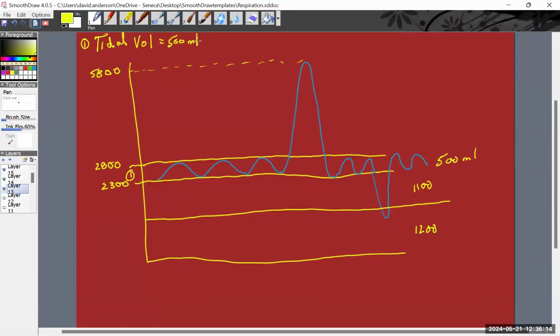Okay, so the other numbers that we want to look at, we want to be able to look at what this number represents, which is the distance running from our 28 to our 58. That's about 3,000.